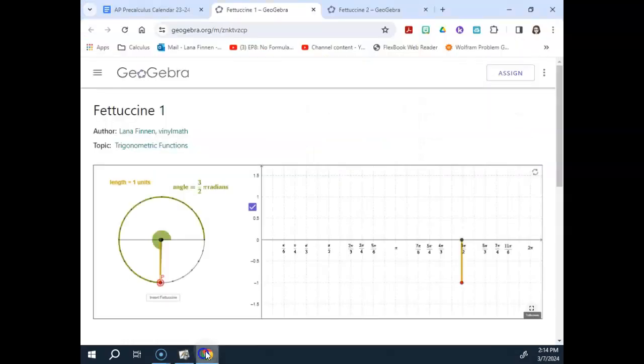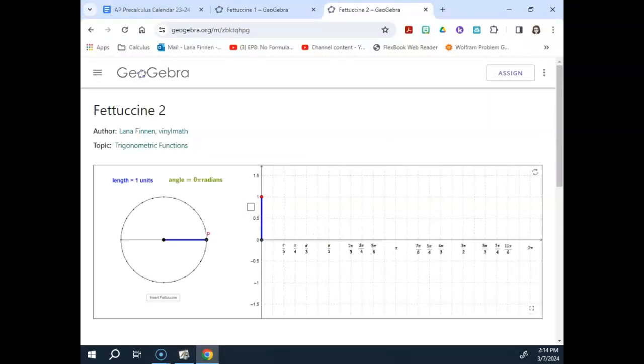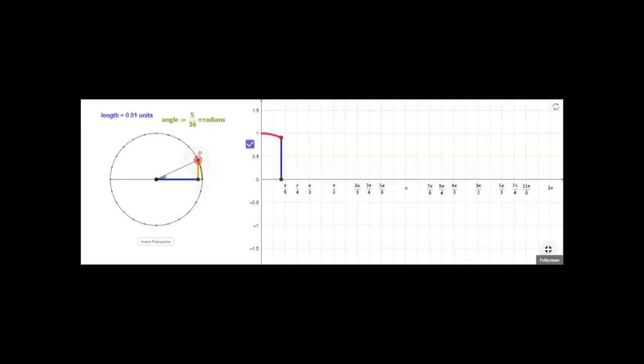So let's look at cosine here. All right, so remember, this is my unit circle. This is my other x and y coordinates. When we talk about the quadrants, do we care about the quadrants over here? No, we care about the quadrants over here. So this is cosine, right? I'm going to start here. What is the cosine of 0? 1, and that's why this blue line is right here. So where we were looking at the orange line on the other one, we're looking at the blue line here, okay?